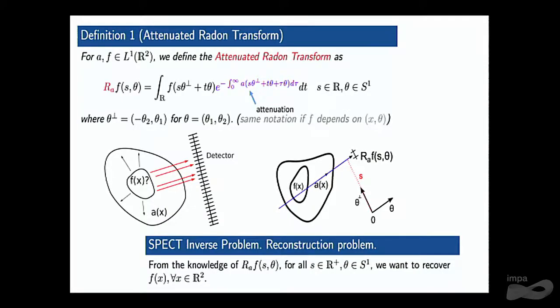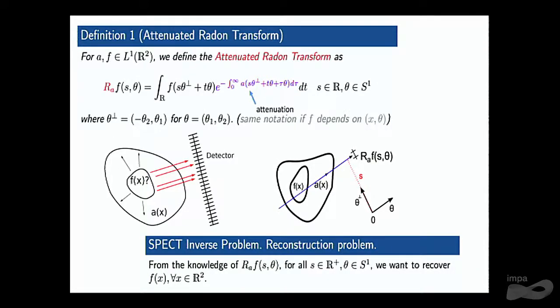But the integral is weighted by some exponential weight, which is related to the attenuation that we presented for X-rays before. Essentially, this attenuation is also taken along the line. This is the attenuated Radon transform, which is denoted with R for Radon, of course, with a sub-index A to say that it depends on the attenuation.